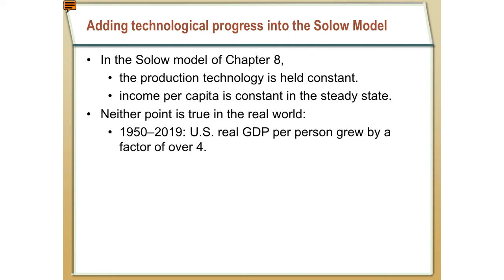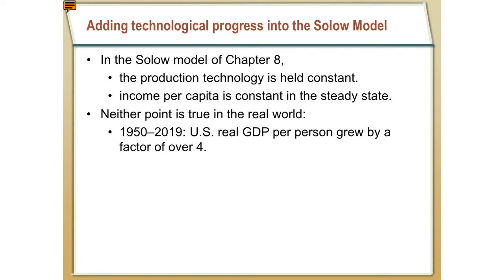You could also think of it as in steady state, we're going to approach a certain level of consumption per worker. Consumption per worker is another way to think about standard of living. So if our consumption per worker is not increasing over time, then we're not increasing our standard of living.